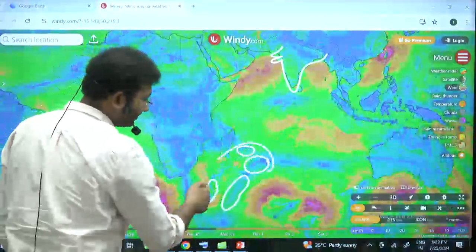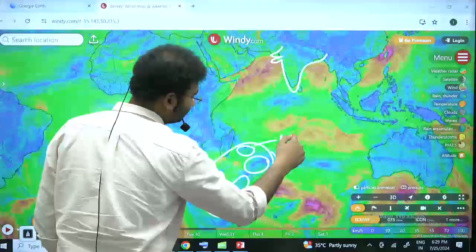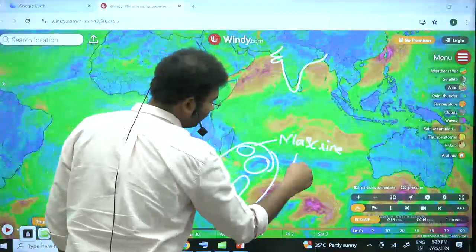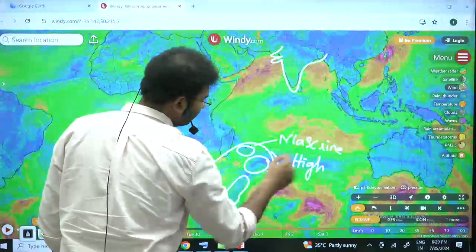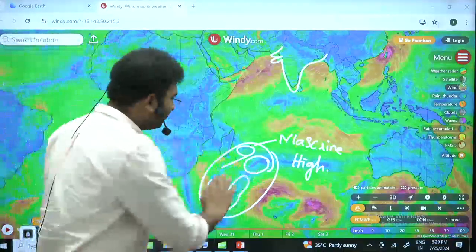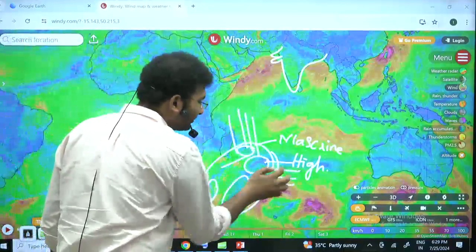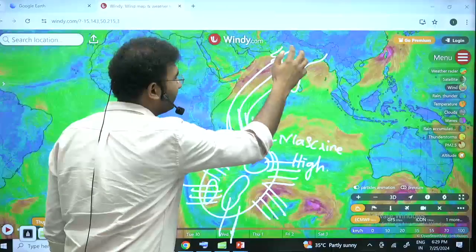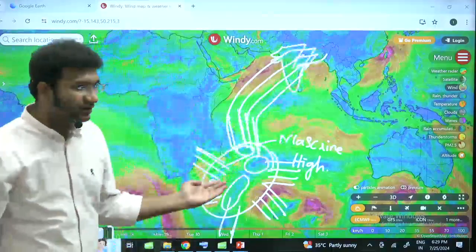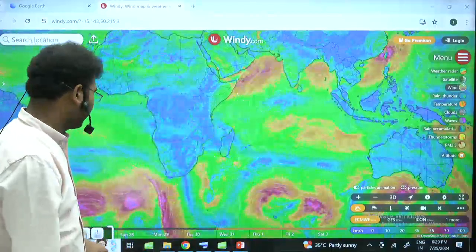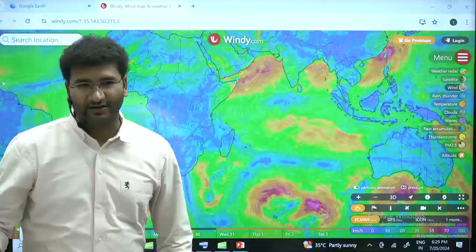This entire region is called the Mascarene high pressure nearby Madagascar. Now this Mascarene high pressure helps, because in high pressure the winds always move outward, right? So they help in coming to India. If the high pressure is stronger here, the dispersal is stronger there. Okay? That is what the Mascarene high is.